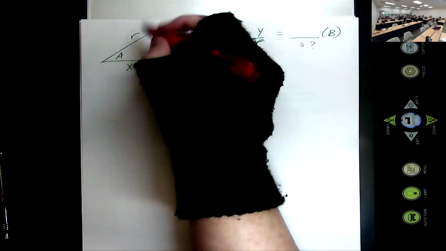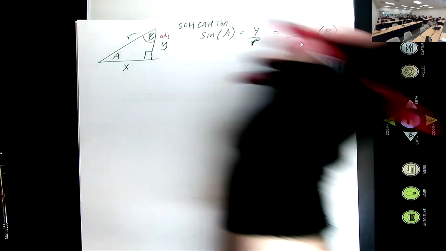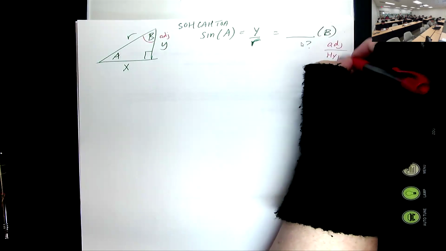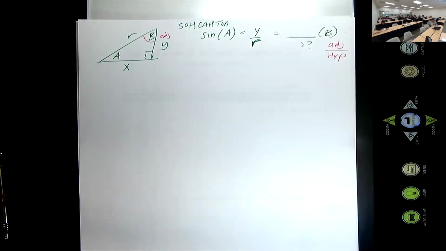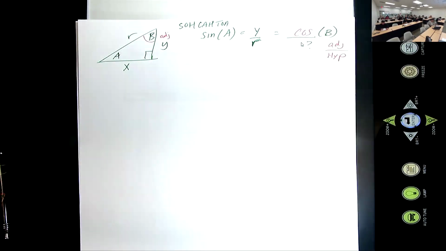For angle B, Y is adjacent. So we've got adjacent over hypotenuse. And that's cosine.